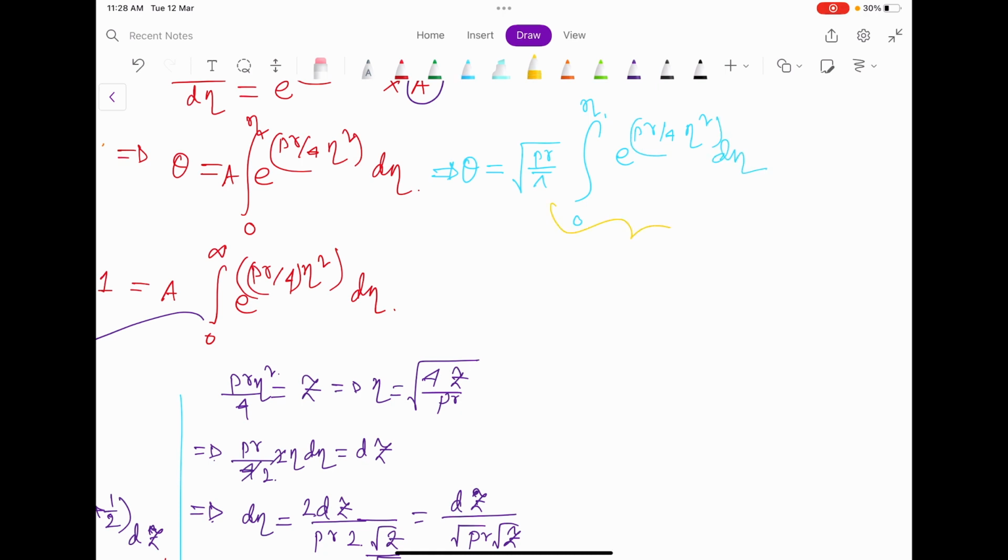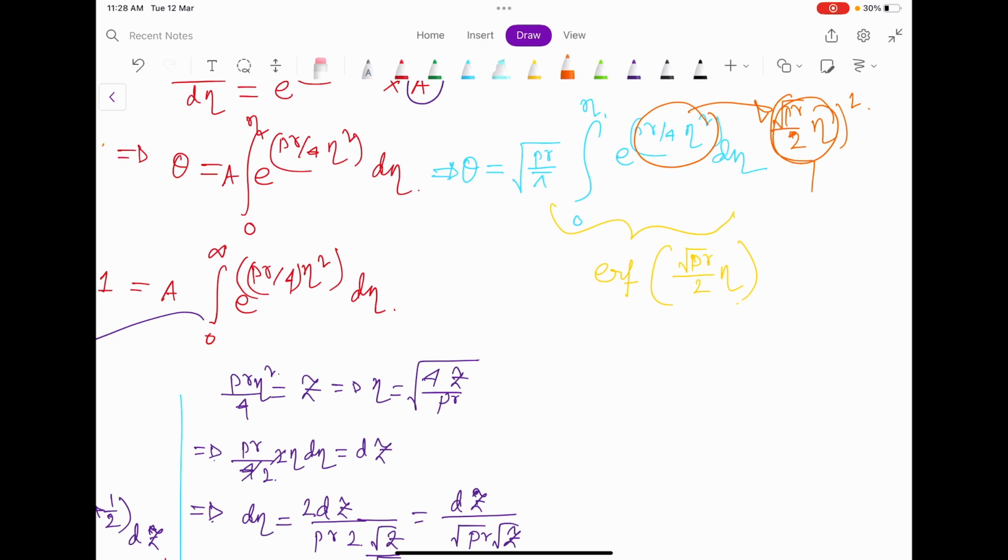And in terms of mathematics, this is called the error function of the argument Pr to the power half by 2 eta, because you see that this thing is root Pr by 2 into eta whole square. So it is the error function of this argument.